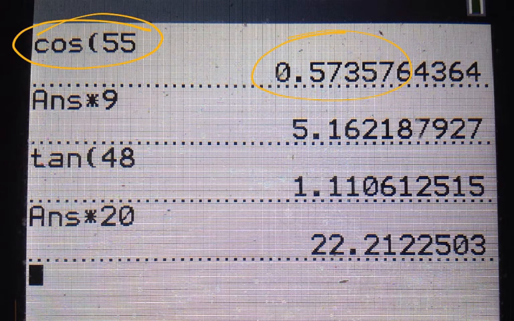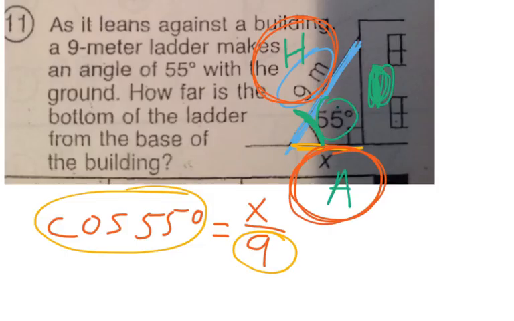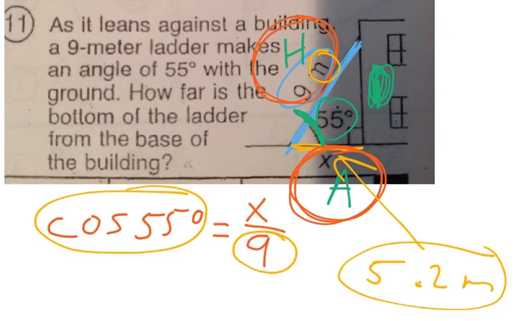I'm going to times that by 9, and I know my answer is 5.16. I'm going to round that off to 5.2. So X right there has to be 5.2 meters. Our units were meters, right? The ladder is sticking out 5.2 meters from the base of the building. Pause the video if you need to.